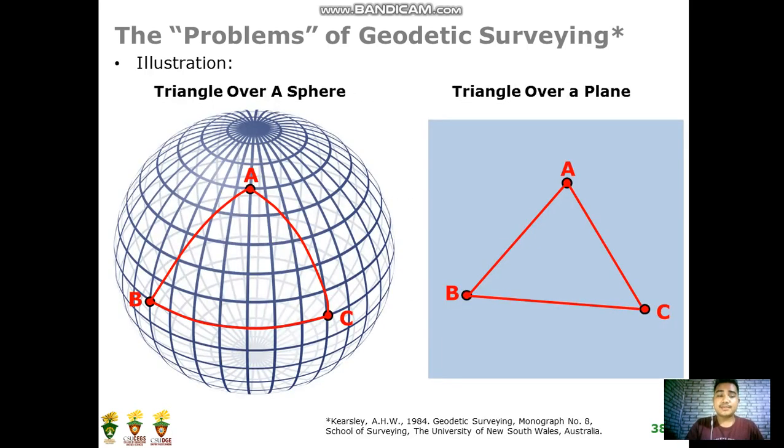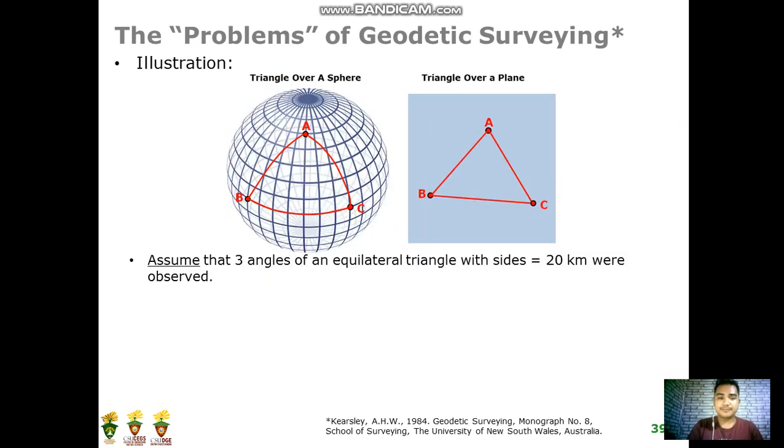So here is a simple illustration of one of the problems of geodetic surveying. It shows in the picture a triangle over a sphere and a triangle over a plane. Let us assume that the three angles of an equilateral triangle with sides equal to 20 km were observed. So from point A to point B is 20 km. Since it is equilateral, B to C and C to A are equal.